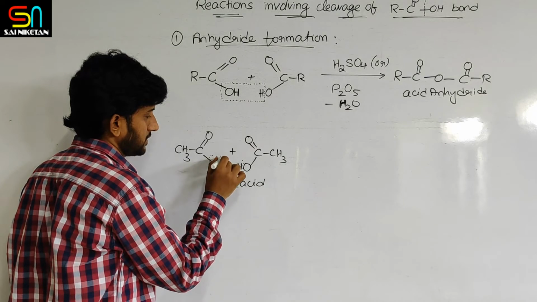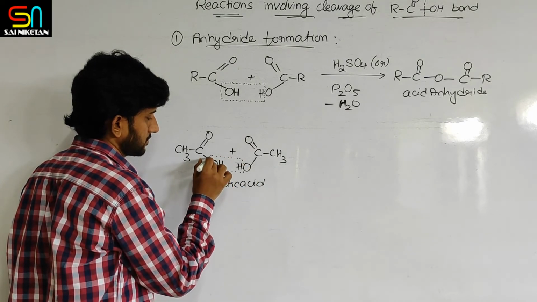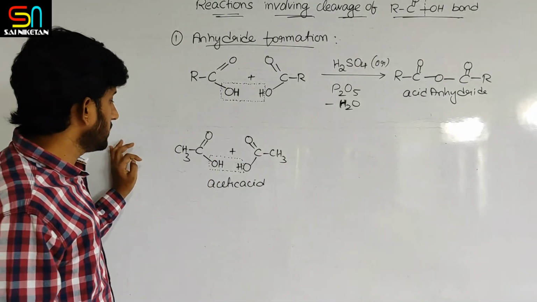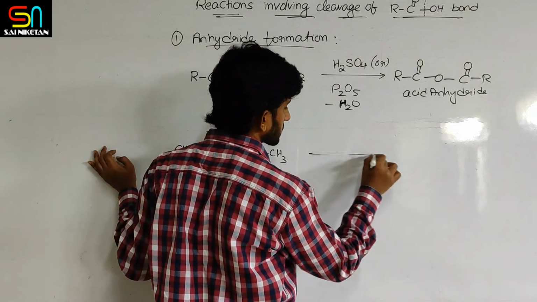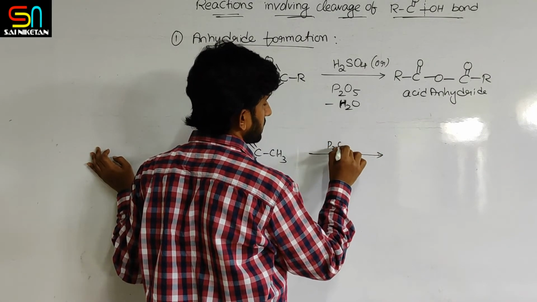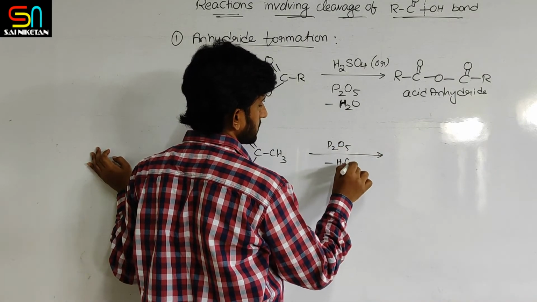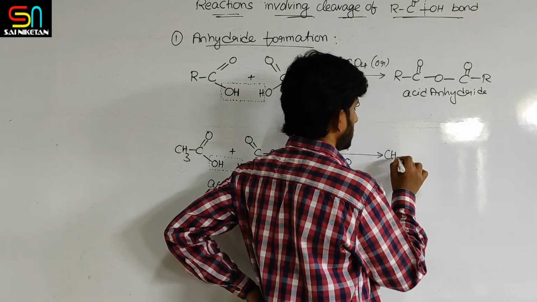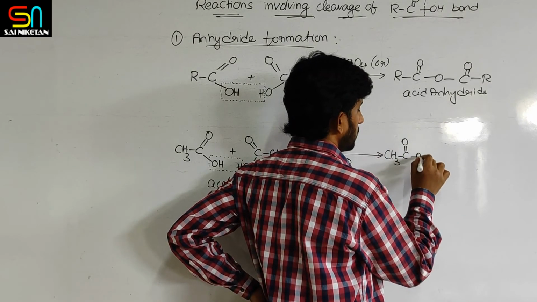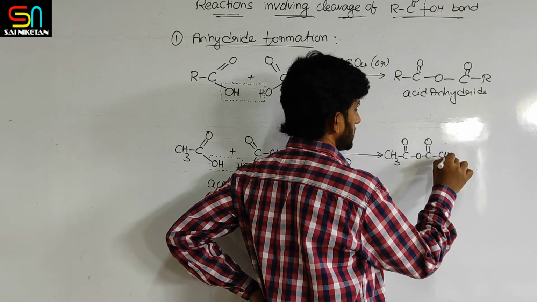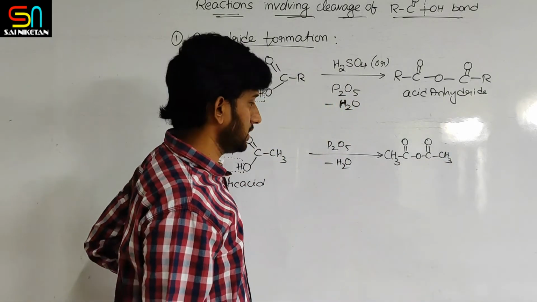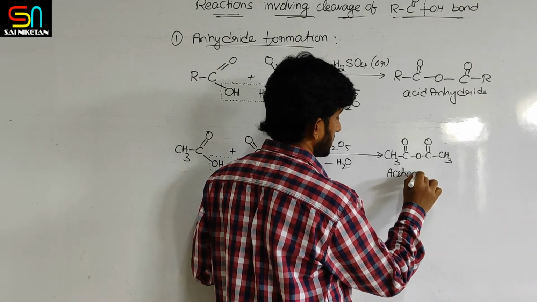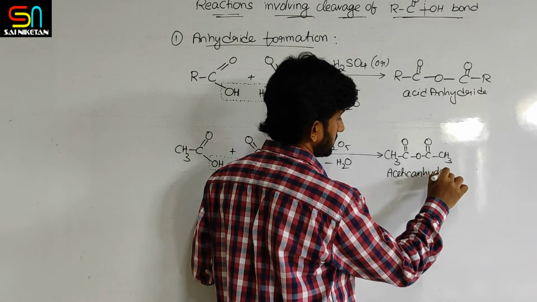One H from one acid, like this. So on treating with P2O5, minus water, what will I write? CH3 C double bond O, O, C double bond O CH3. It is what? Acetic anhydride.